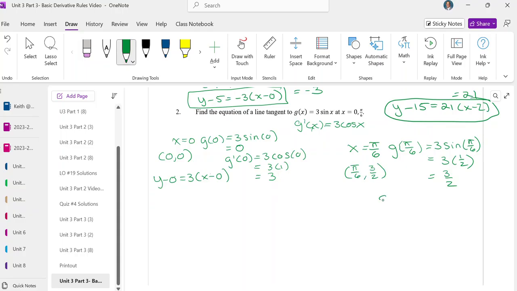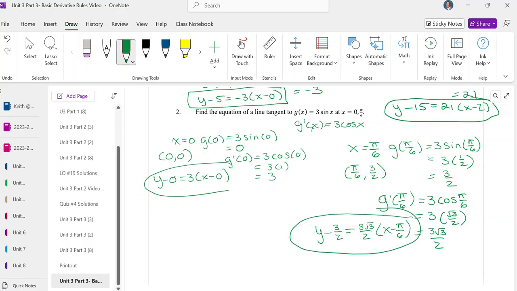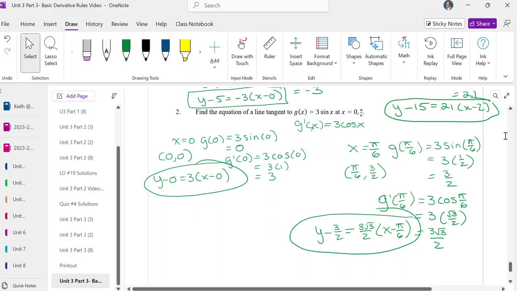The slope, g prime of pi over 6 equals 3 times the cosine of pi over 6, which is 3 times the square root of 3 over 2, which is 3 root 3 over 2. So therefore, it is y minus 3/2 equals 3 root 3 over 2 times x minus pi over 6. So those are your two equations given those two x coordinates.